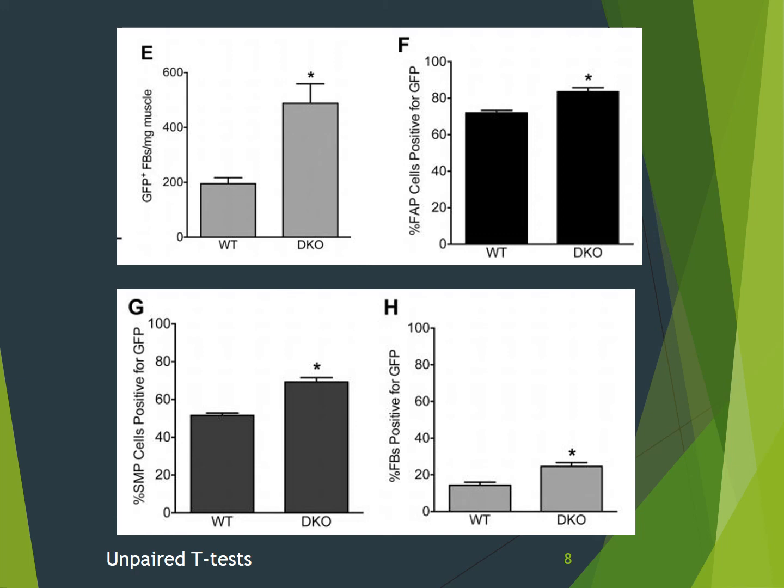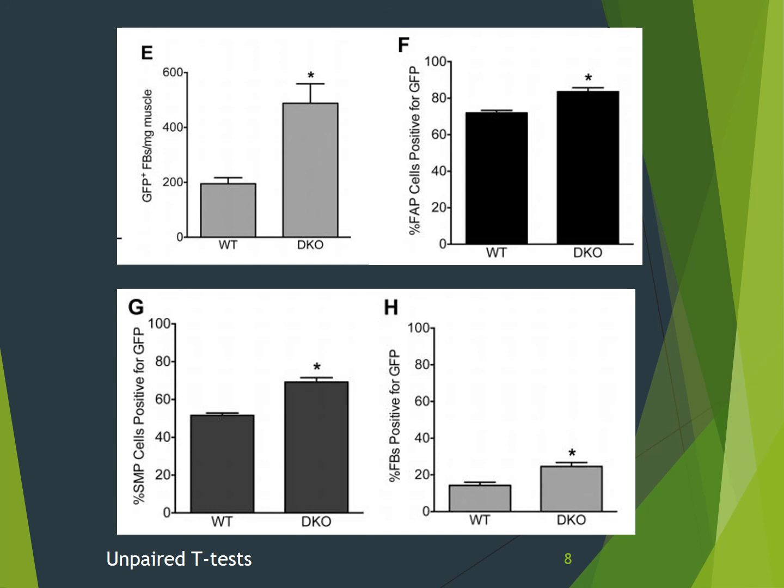Panel F is looking at the percentage of FAP cells that are positive for GFP in the entire organism in the wild type compared to the DKO mice, and there's a statistically relevant increase in the DKO mice compared to the wild type mice in this case.